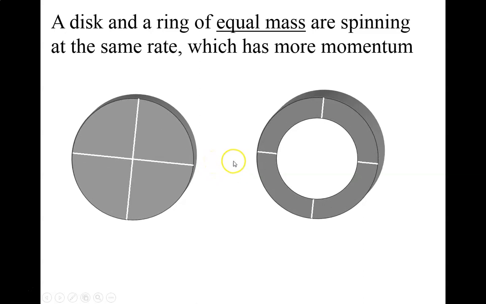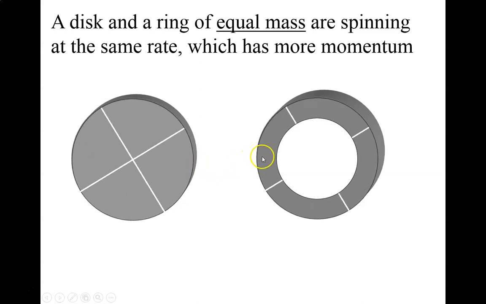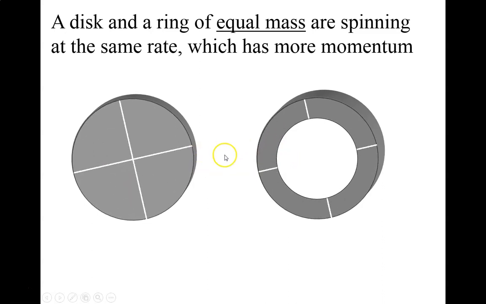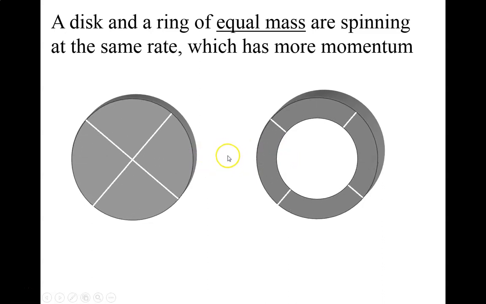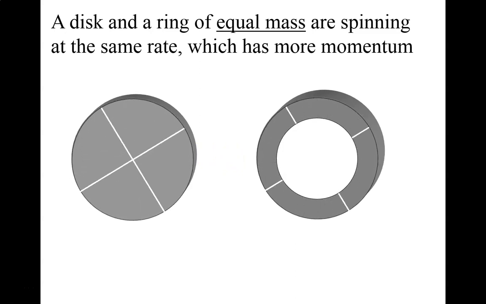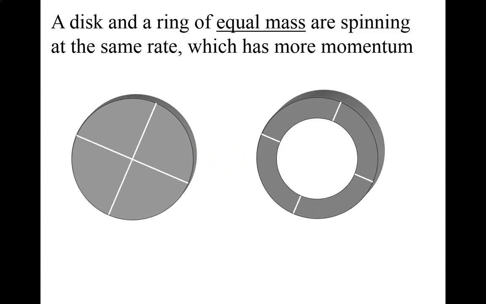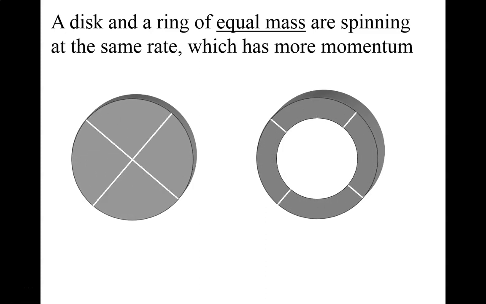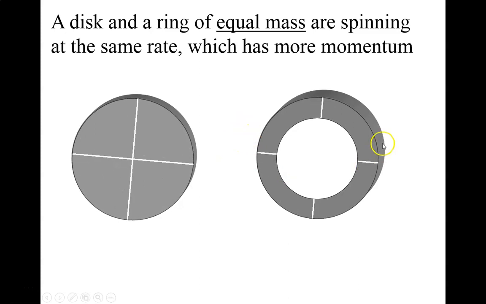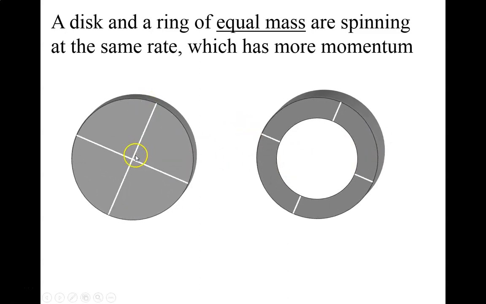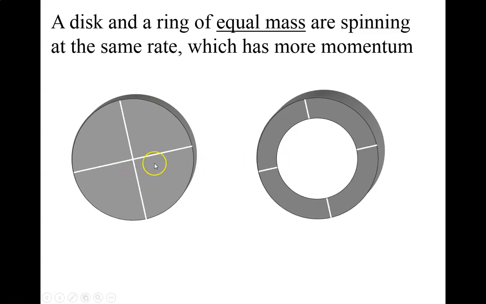Well, what's different between these is the shapes. What determines the rotational inertia? Not just the mass, but the location of the mass. The further away you get the mass from the axis of rotation, the greater the rotational inertia. This one has mass all the way from the radius to the axis of rotation.